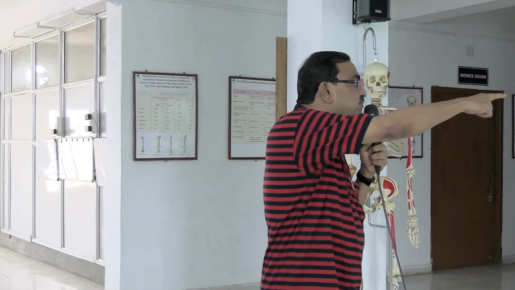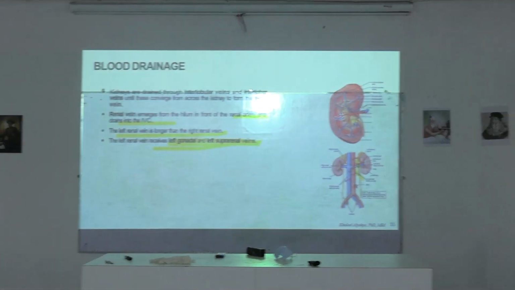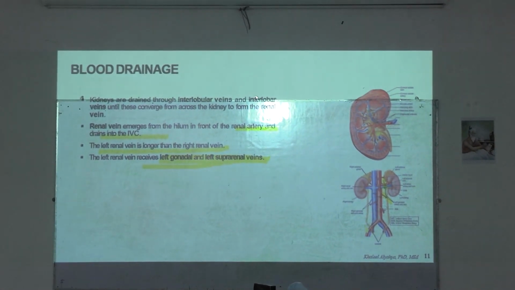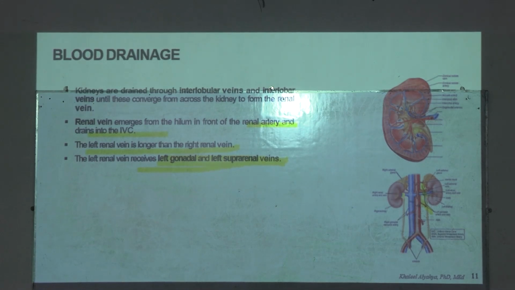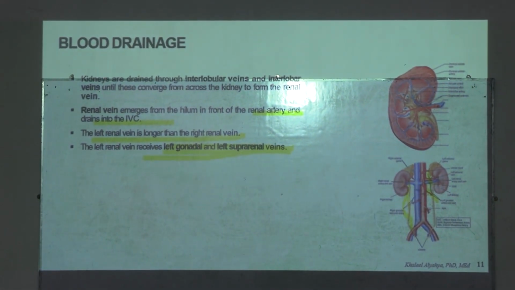Another structure we can find which is coming out from the kidney and coming down as a tube, and which ultimately drains into the urinary bladder, that is the ureter. So in the hilum we can find the renal artery, renal vein, and the ureter or the pelvis of the ureter.